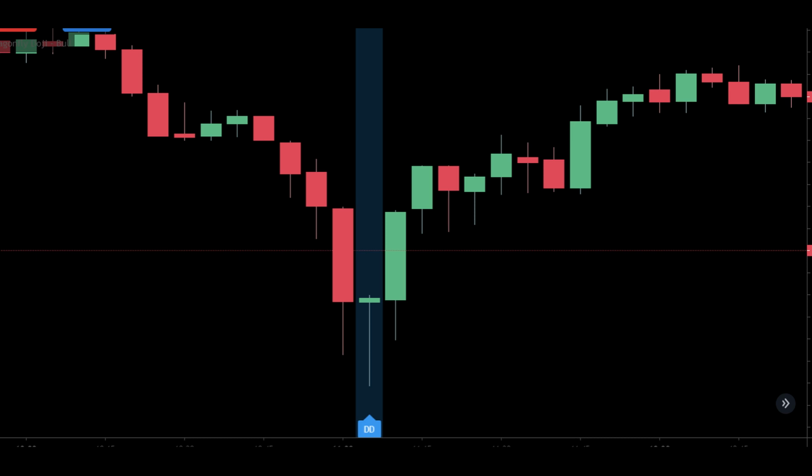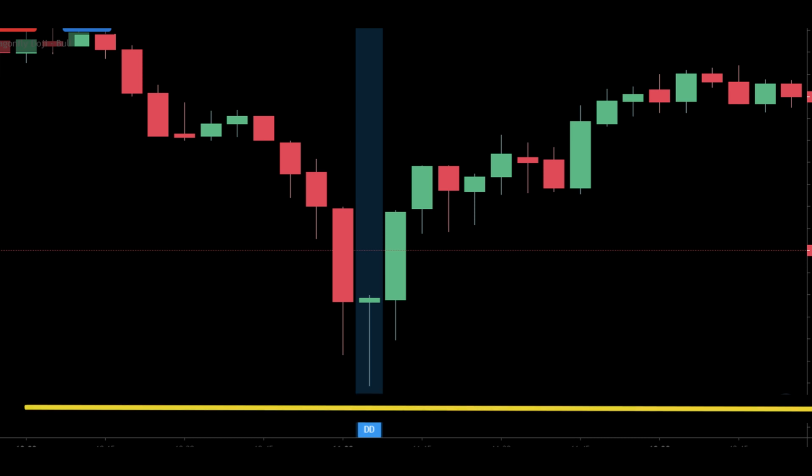This dragonfly doji that has appeared at the bottom of this trend started off going all the way down to the yellow line of support before reversing and heading back up, hence that long bottom wick. This reverses the trend, moving price action further up.